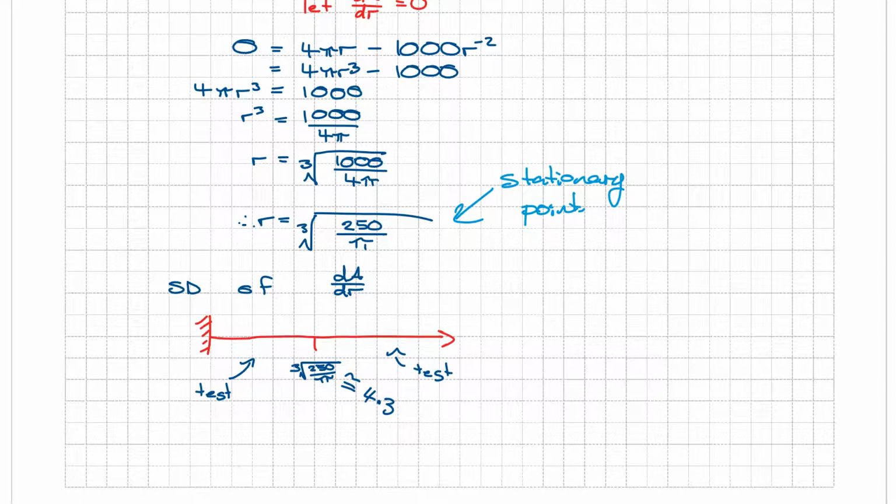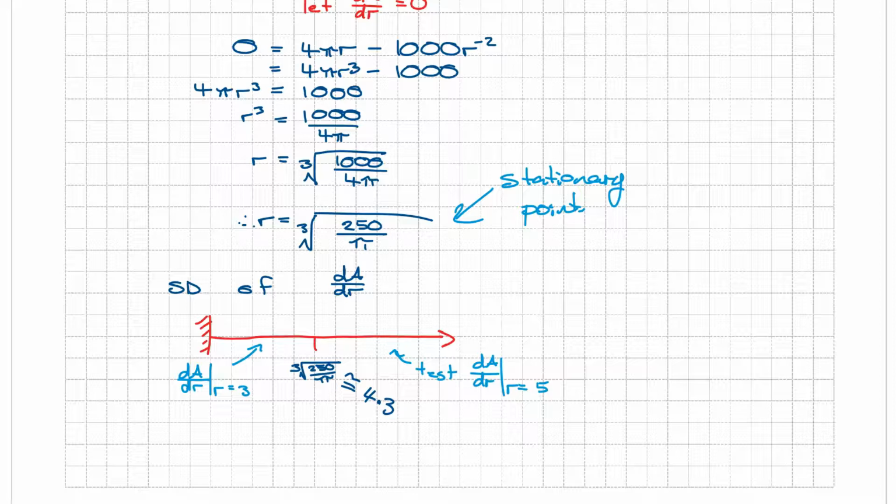So we'll test dA over dr for r something greater, and for something less than, so 3.